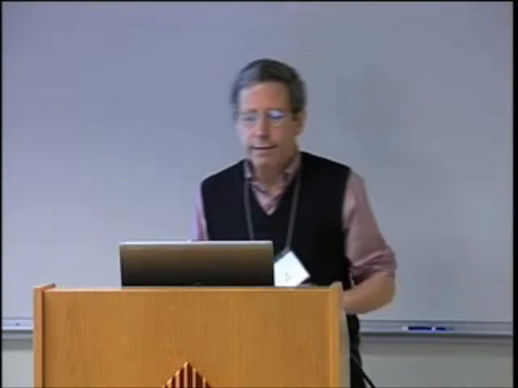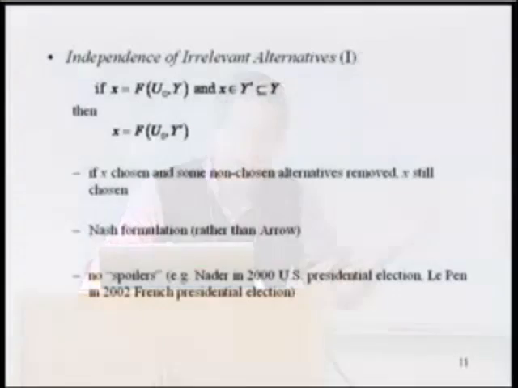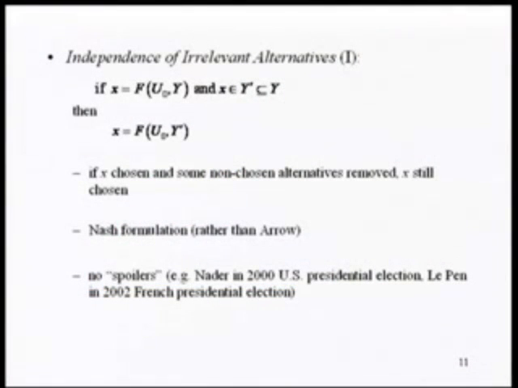And the political justification for this principle can be seen actually from a number of recent elections in American and French political history. Let's go back to the 2000 presidential election.